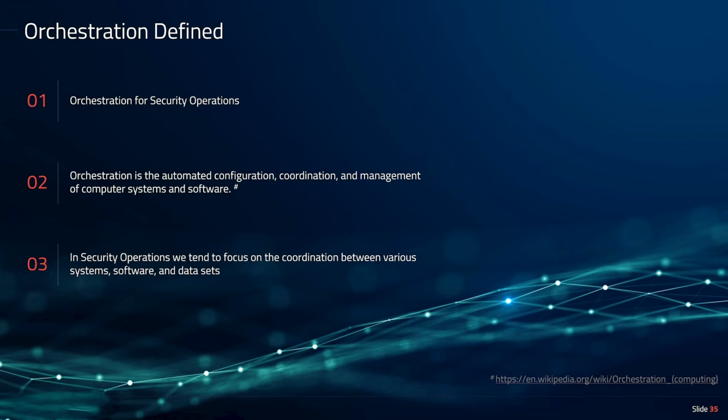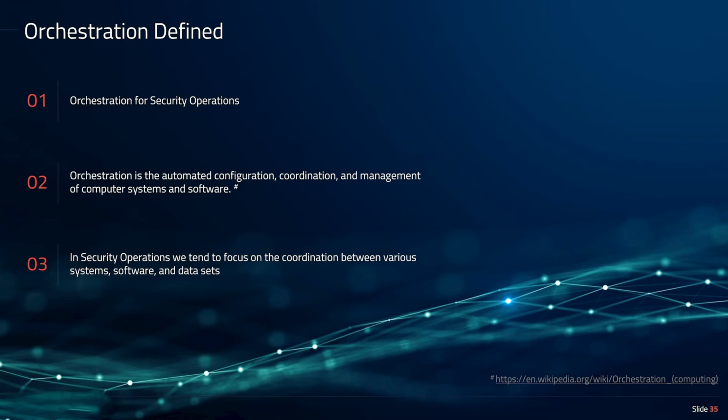I frequently will consider orchestration and automation tools in order to help me accomplish all of these things. So let's talk about what orchestration and automation actually are. The definition of orchestration, which I took from Wikipedia because it's a nice basis for definitions, is the automated configuration, coordination, and management of computer systems and software.